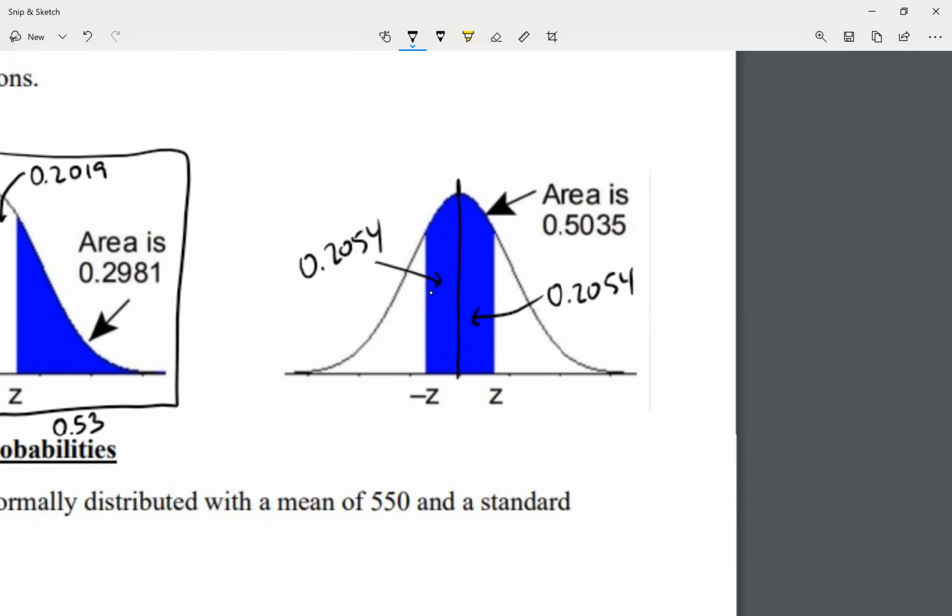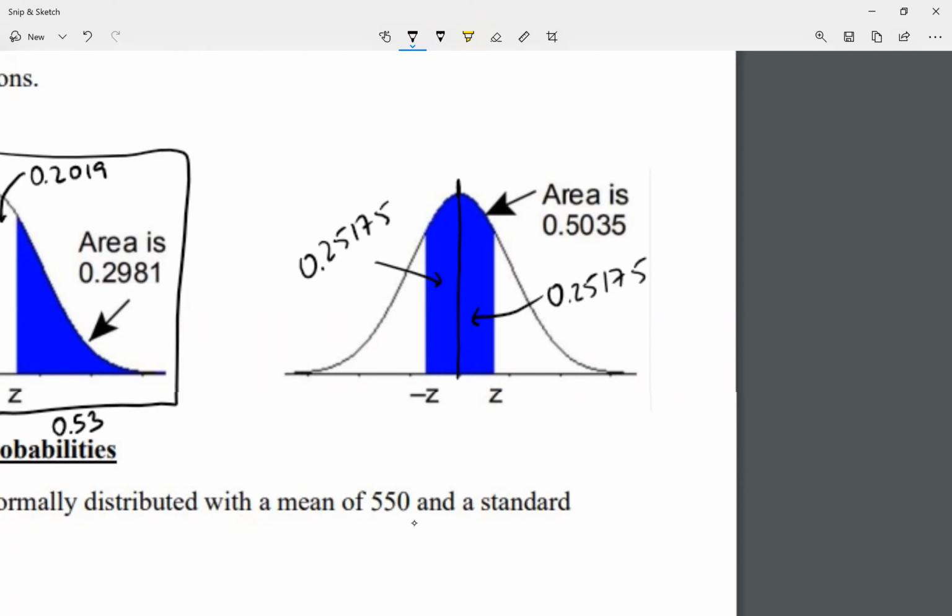Let me see, 5035 divided by 2. Oh no, I got this wrong. Let me see. So 0.5035 divided by 2 is 0.25175. Okay.